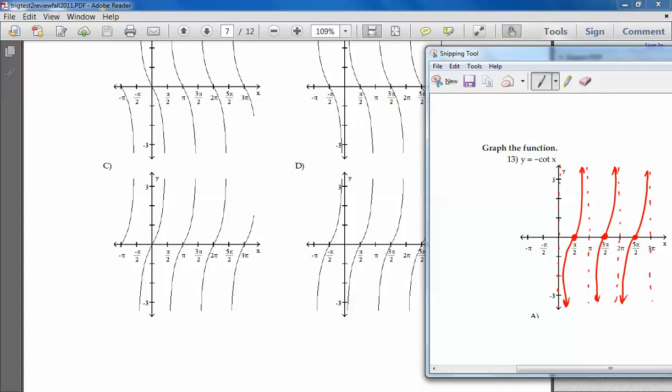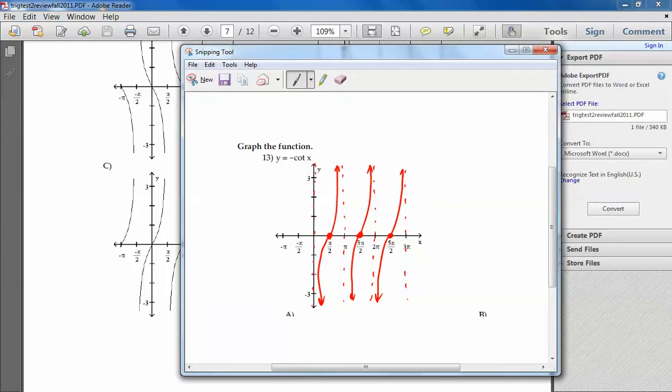You can see we have a vertical asymptote at 0. We cross at pi over 2, we cross at 3 pi over 2, we cross at 5 pi over 2, so on and so forth. Use your graphs if you do make them out.